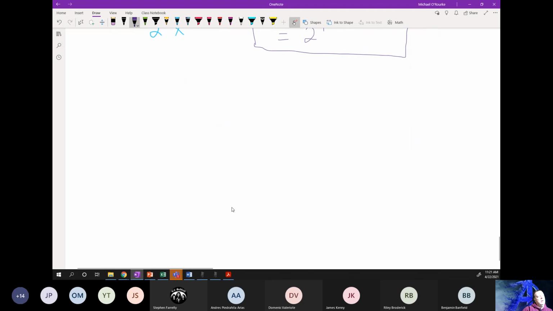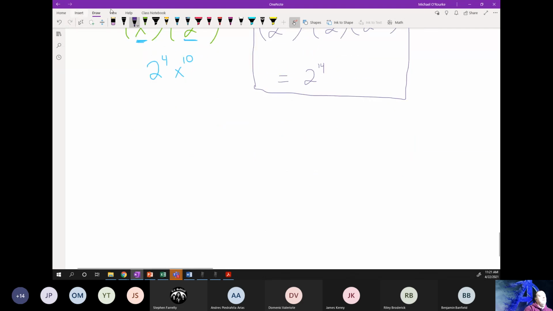Good. Now, the only thing that kind of confuses people sometimes with this is if I have this here. 2x to the 4 times 4x to the 8. Okay, so what we have to do here is this is going to multiply with this, and those numbers out front are going to multiply against each other.